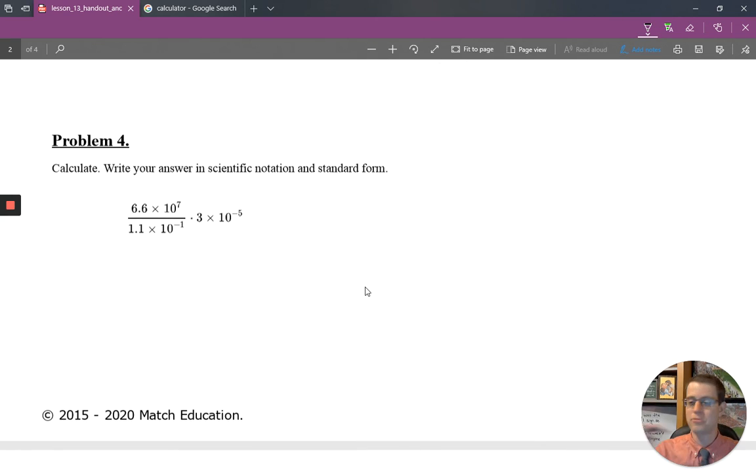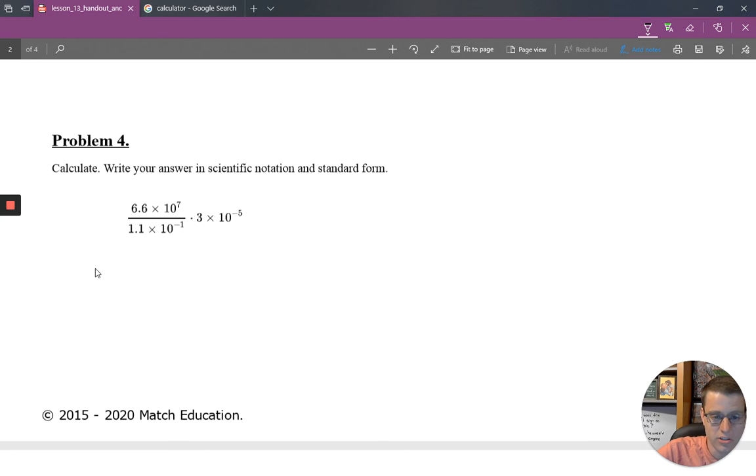Now, problem 4 summarizes pretty much everything we've done in this lesson, so it's a really good question. How do you calculate with scientific notation when you're multiplying? How do you calculate when you're dividing? First step here is this division problem.